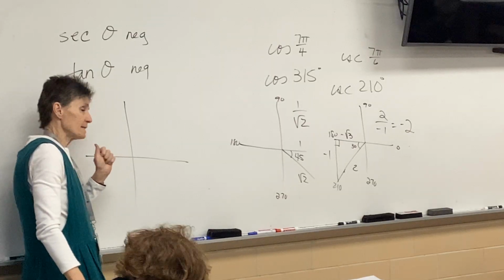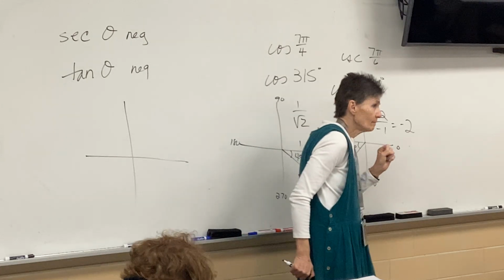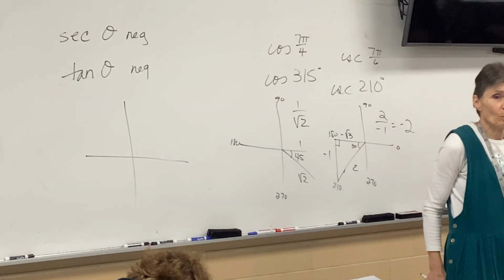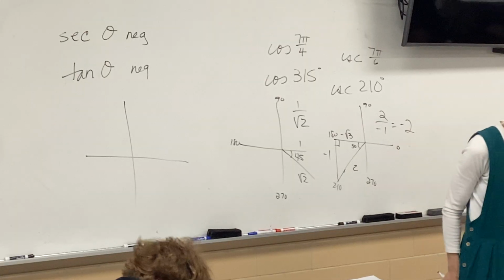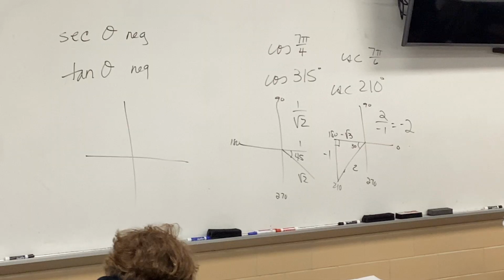Secant. Secant is the reciprocal of the cosine. And cosine is associated with, oh, it's snowing, big flakes. Cosine is associated with which letter, X or Y?